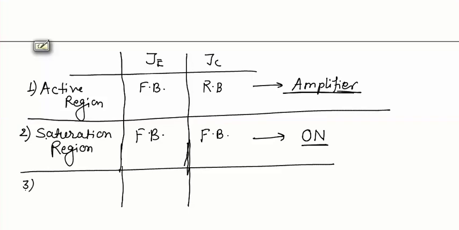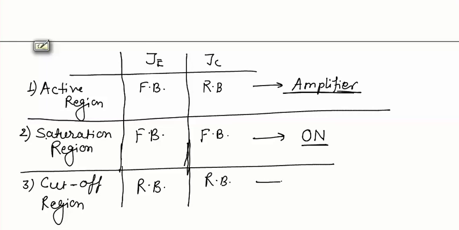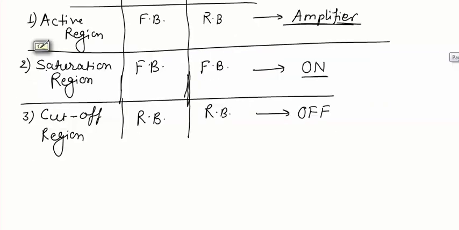Number 3, cutoff region. When both the junctions are reverse biased, a BJT is said to be operated in cutoff region, and in cutoff region it behaves like an off switch when it is used in switching circuits.